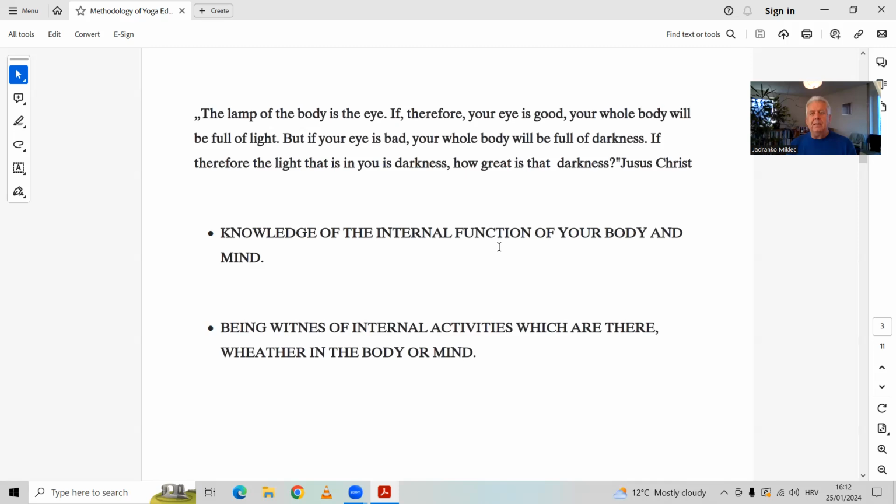So the first thing is to get a neutral attitude as a silent witness to whatever you are experiencing in that internal space of your body. So this is very important.